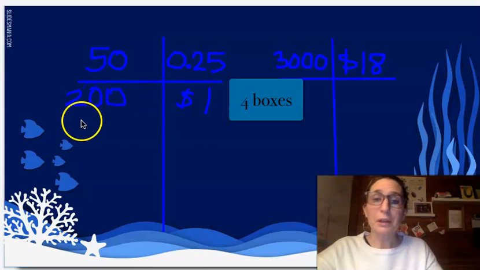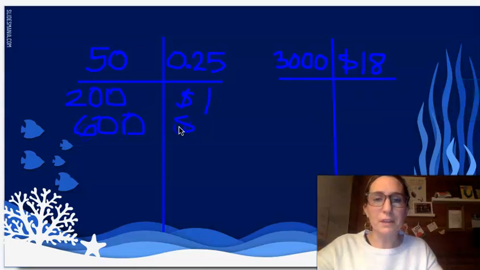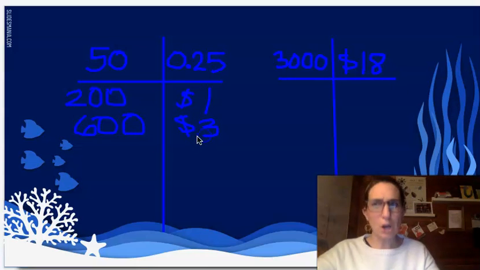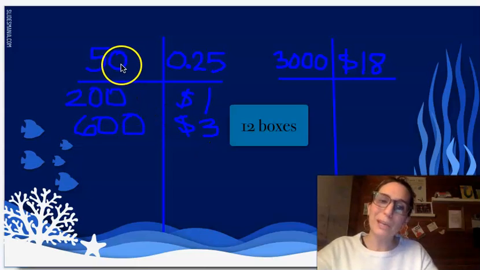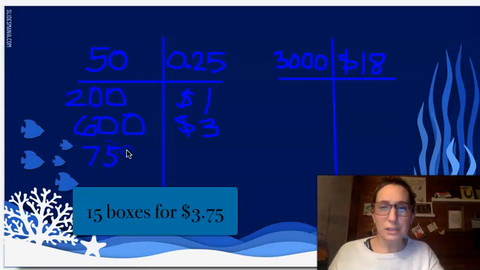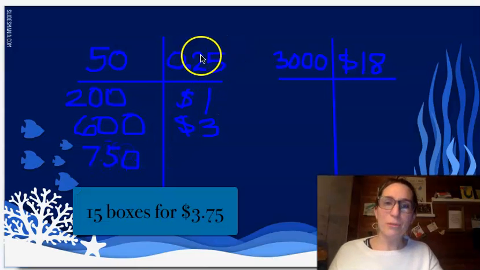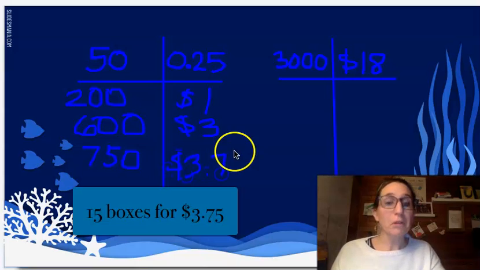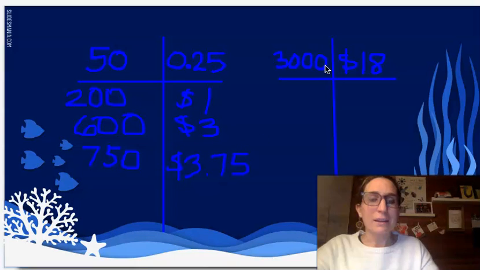That seems pretty good. And let's get up to 600. So 600 toothpicks, that's 3 times as much. That'd be $3. And if I add 3 groups of 50 to that, we could get up to 750 toothpicks, and 3 groups of 25 cents would be $3.75. Okay, so he says that's a pretty good deal.